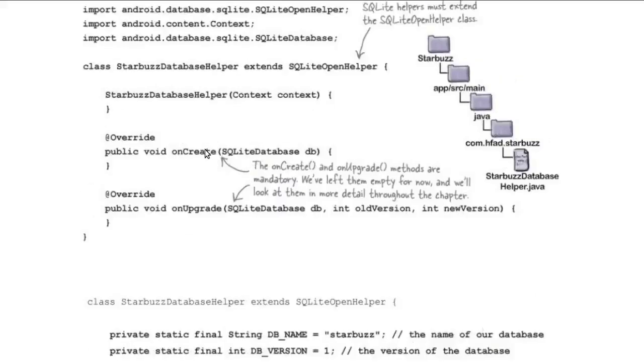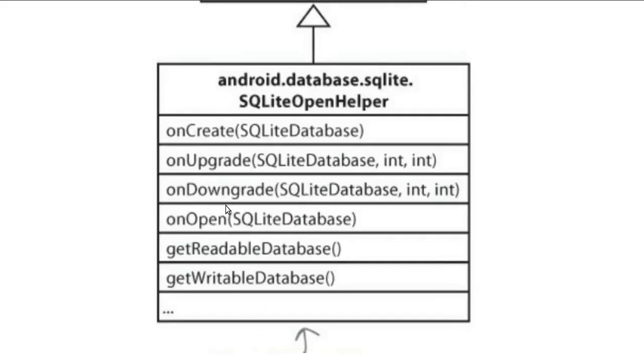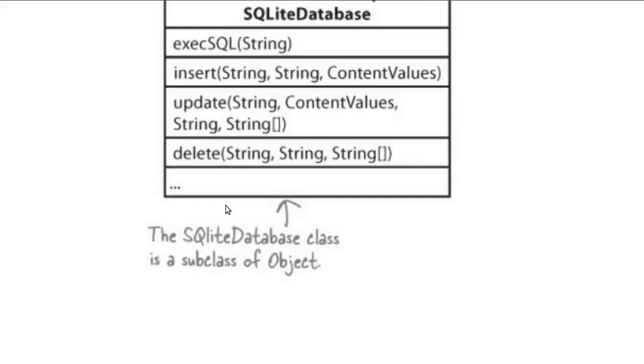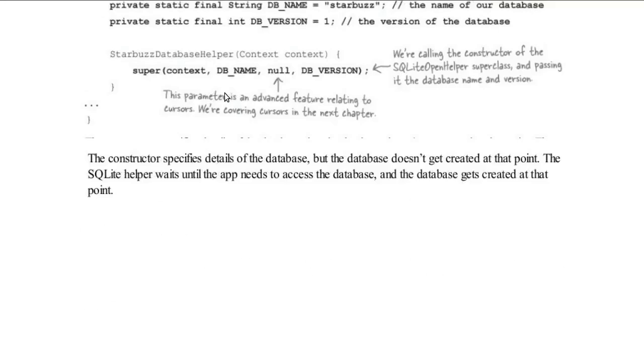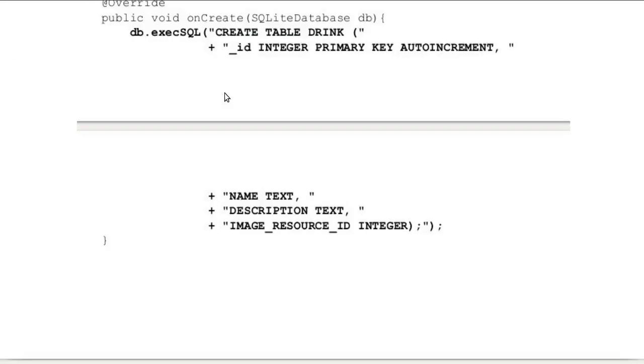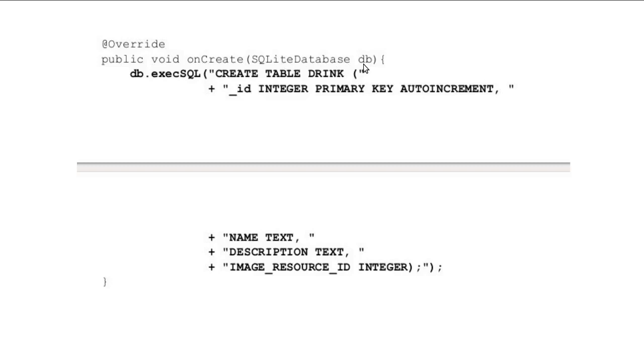Because we have a class SQLiteDatabase, and it has the method execSQL. Any SQL we want to execute, we use that method. So let's move again. Here we have the SQLiteDatabase db, and we have passed the create table syntax here.